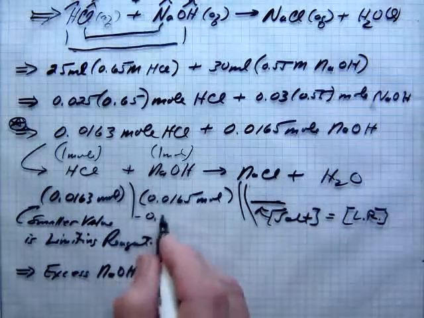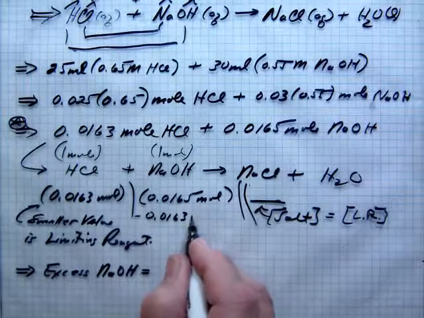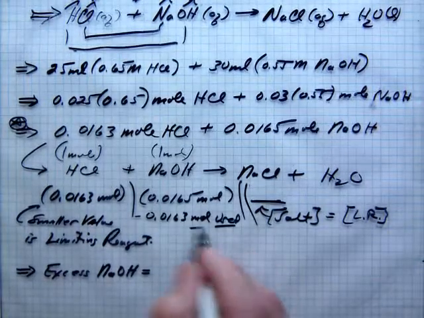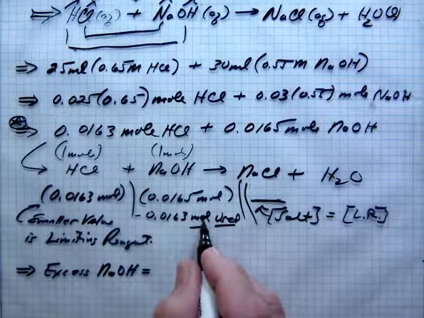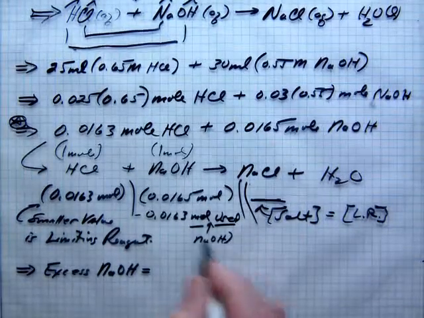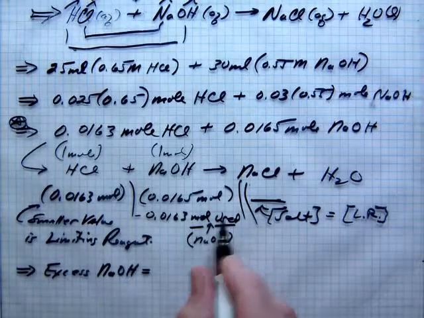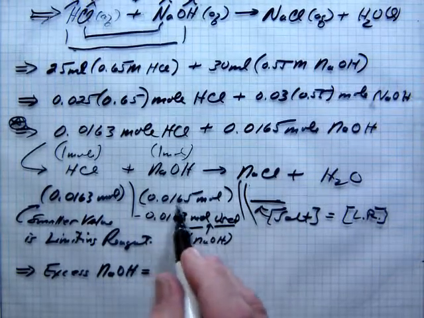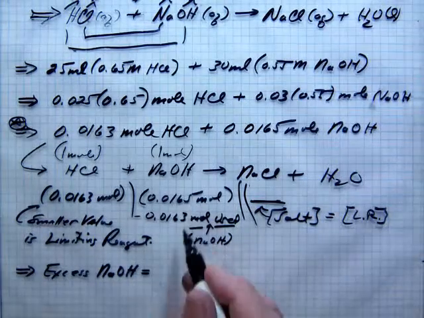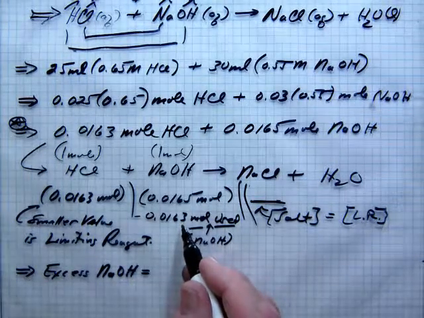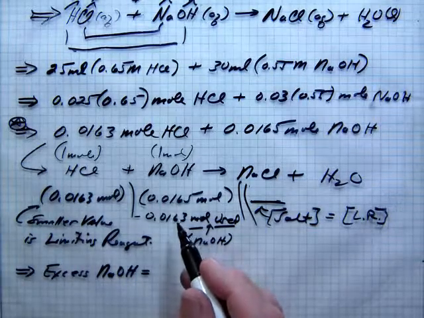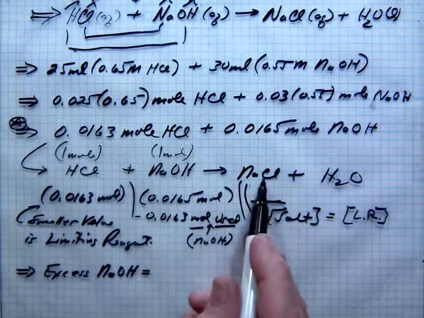So I'll subtract that. Well, I have 0.0165. That's more than I'm going to need. What does that mean? That means nothing's going to happen to that excess. It's just going to lay there because the salt's not going to react with it.